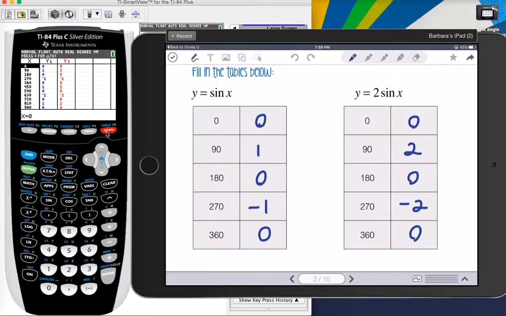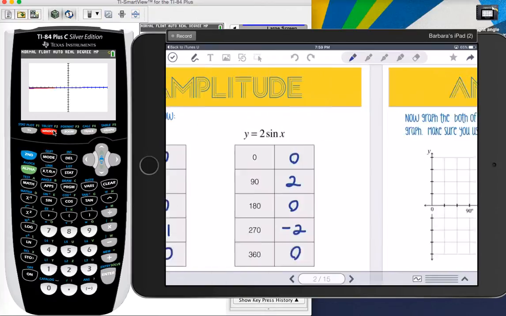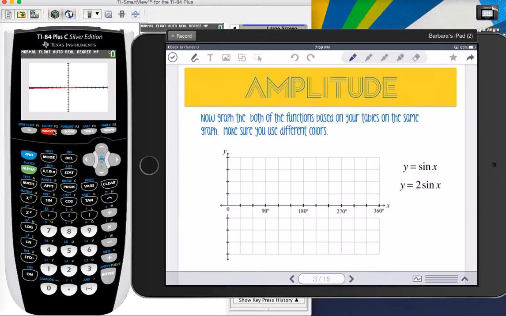I'm going to also hit my graph function just to give me an idea of what these look like. Now this isn't showing me a whole lot of data, so I'm going to adjust my window. We noticed that the smallest possible value was -2 and the largest was +2.